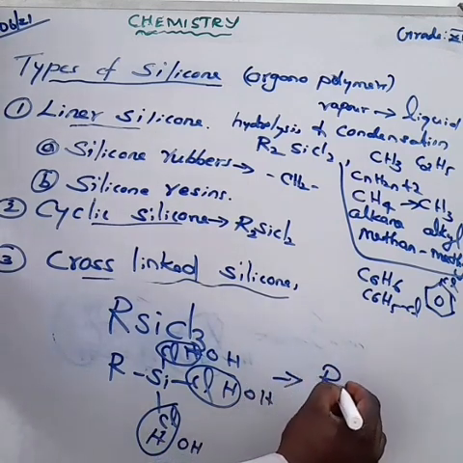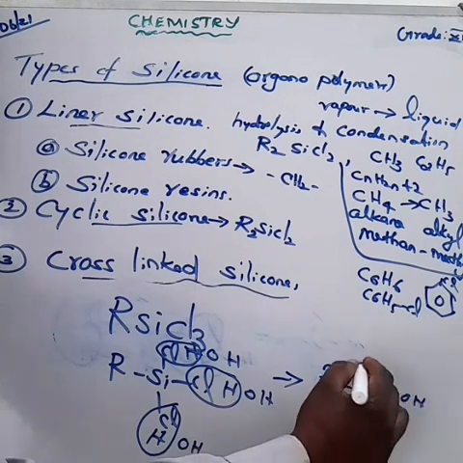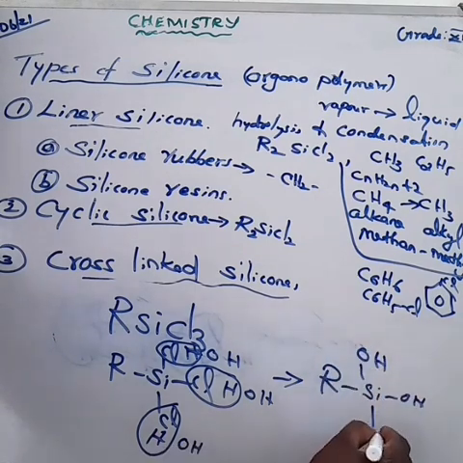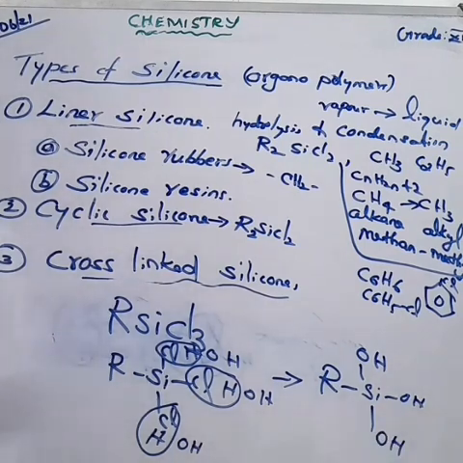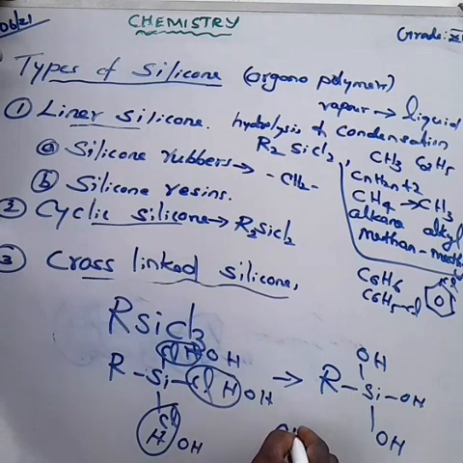So what products are possible here? R, Si, one side OH, other OH, other OH. So we get one compound. This undergoes polymerization again, where a water molecule is leaving. Suppose I am taking one more compound, OH, Si, OH, OH, R. What happens here?